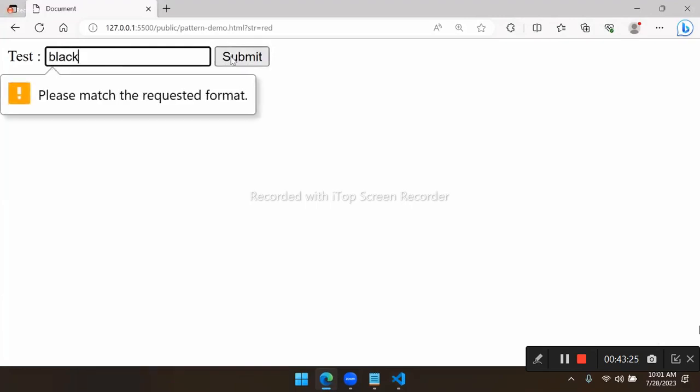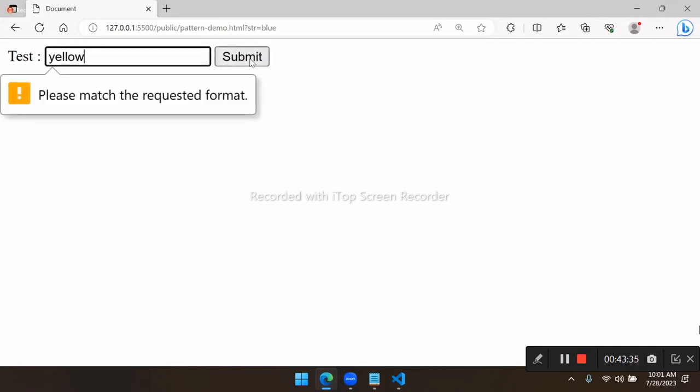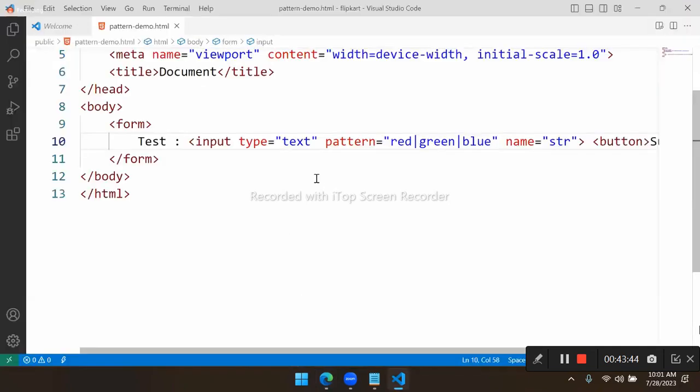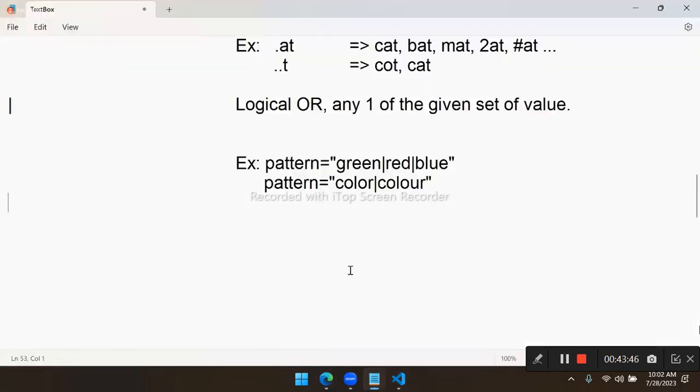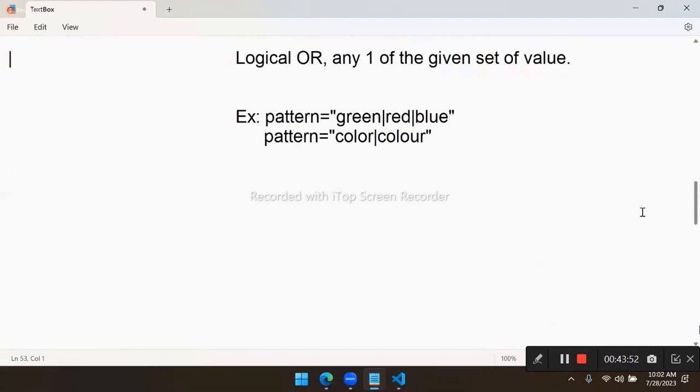We can submit only three words here: red, blue and green. Anything else you try to submit, it is not allowed. Only those three words are allowed. That you generally define by using this pipe, right? So you have another important one, dot, another one is pipe, right?